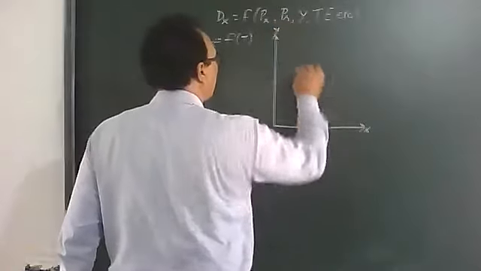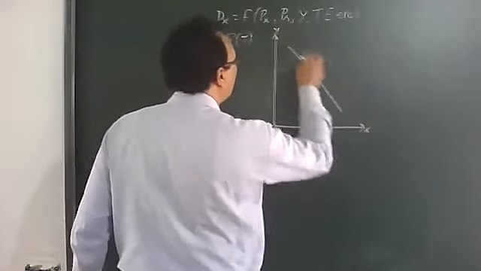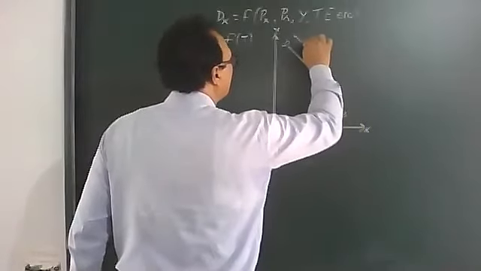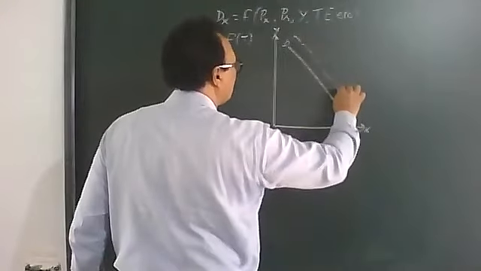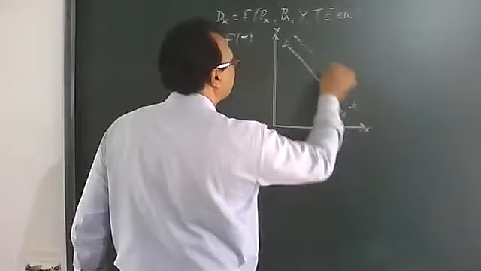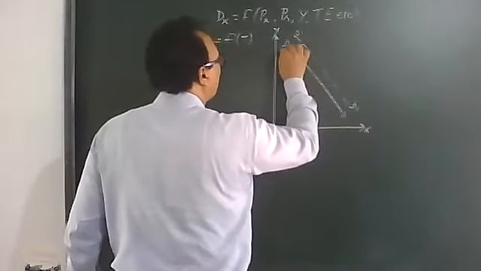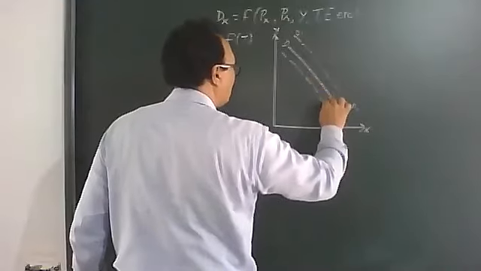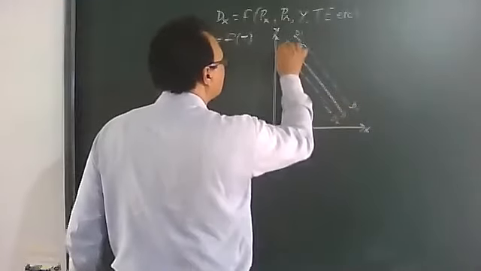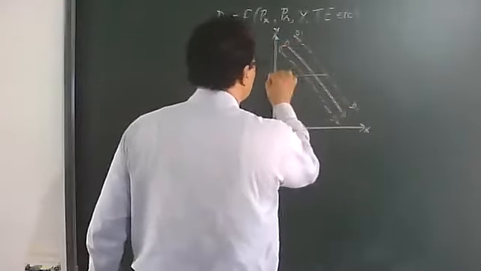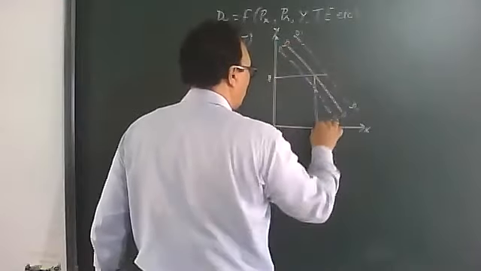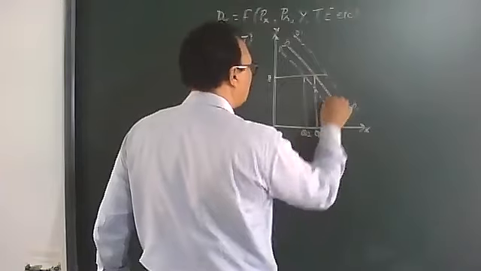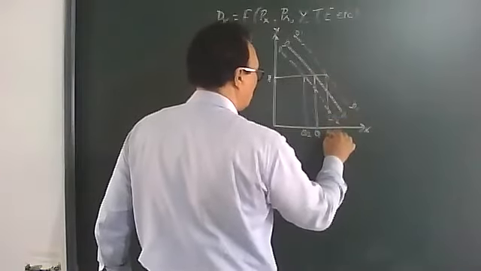Your x-axis, y-axis, your demand curve, DD, then one forward to the right, D1, and one to the left, D2, price, quantity, Q2, Q1.